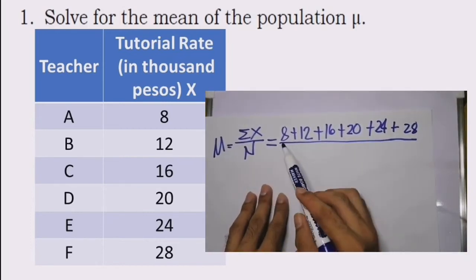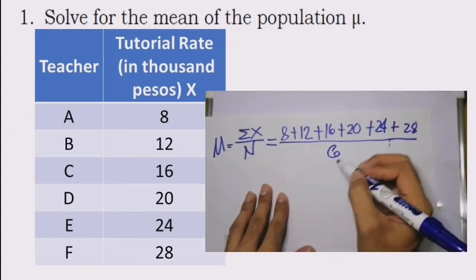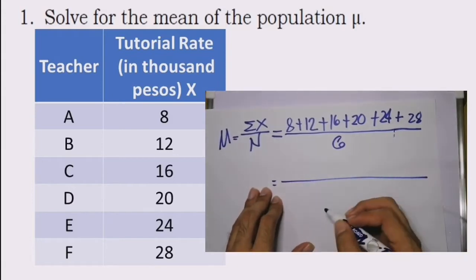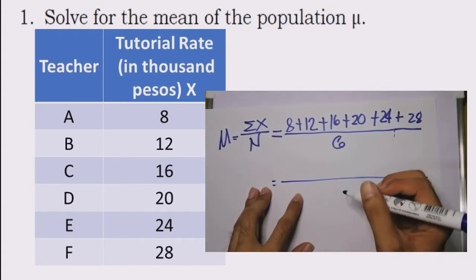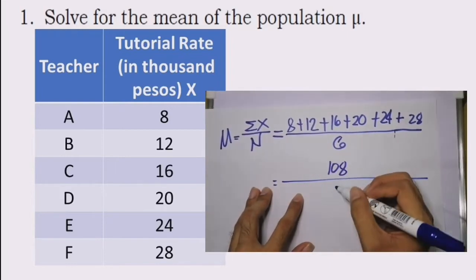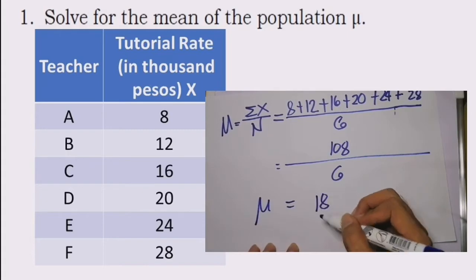Divided by n, pila man sila tanan? That's 1, 2, 3, 4, 5, 6. So, pila man ang 8 plus 12 plus 16 plus 20 plus 24 plus 28? 108 divided by 6. So, ang atong mean is 18.